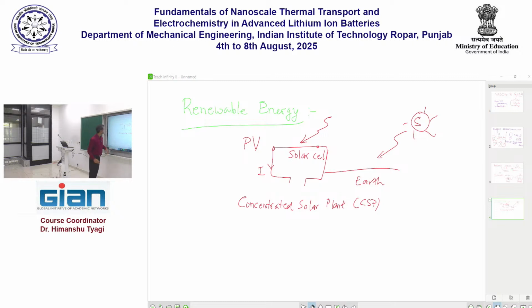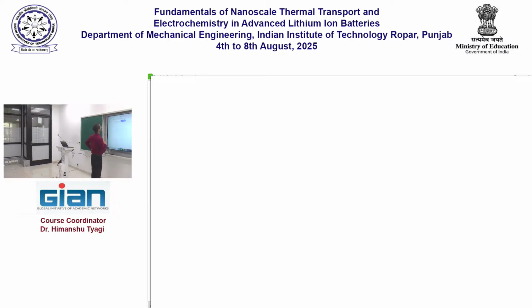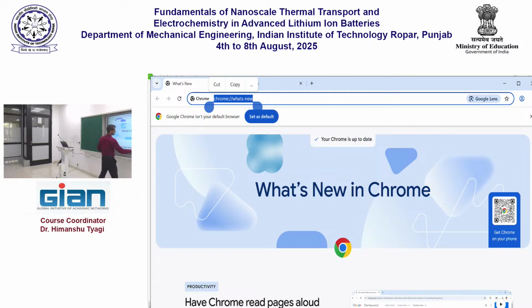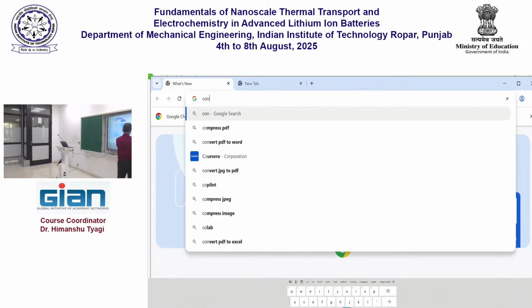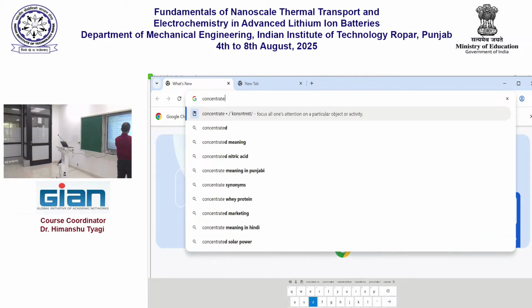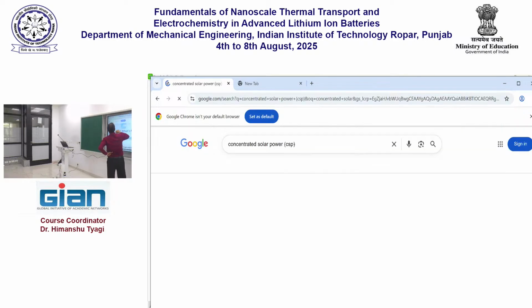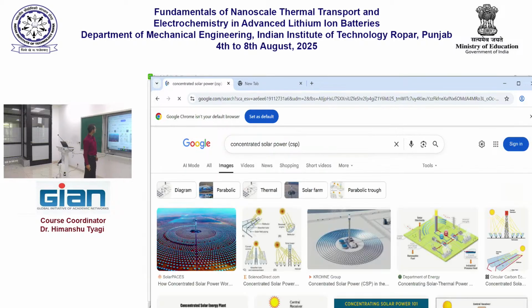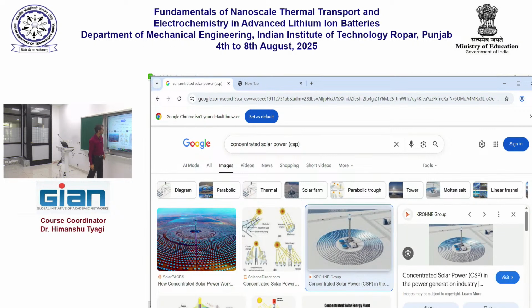If I can go to a browser, I can show you a beautiful picture of a CSP. Here's a very beautiful picture of a concentrated solar plant.